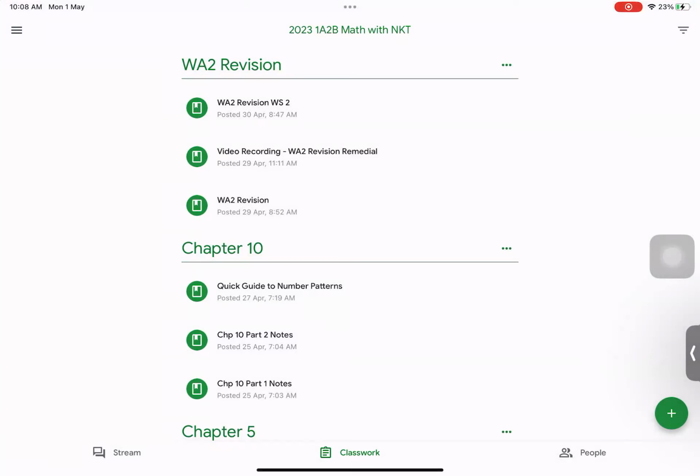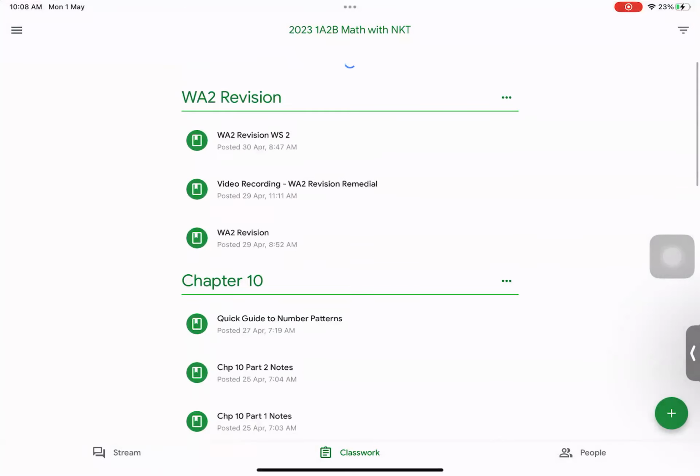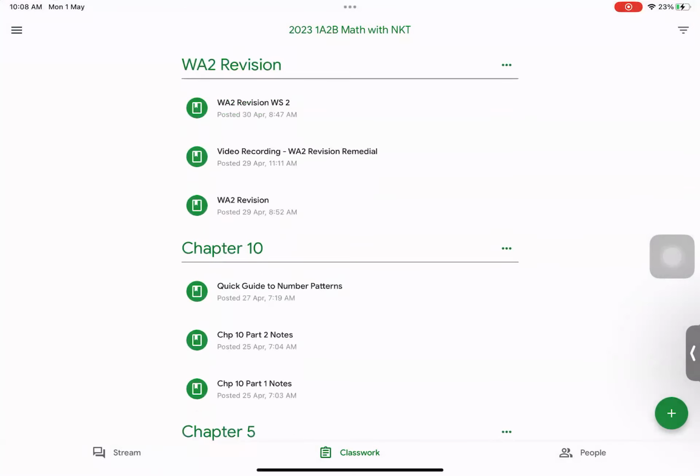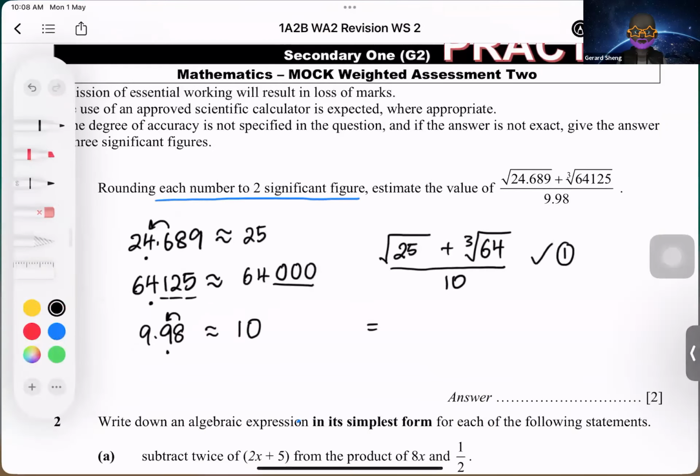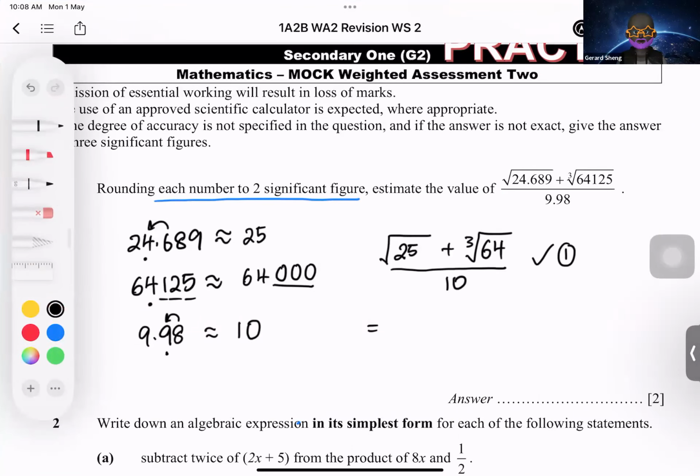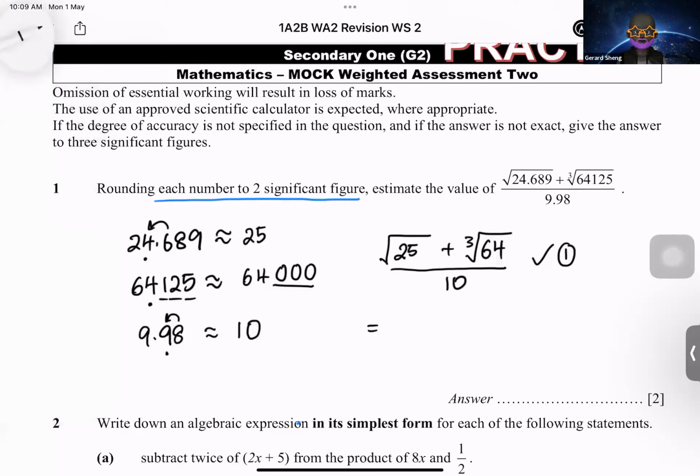WA2 Revision Worksheet 2, the very first one on top. Is it the other revision worksheet that you gave us at school? That one I'll do with you separately. This one I consolidate because in that one, not all the topics are inside. This one, I include all the topics inside.